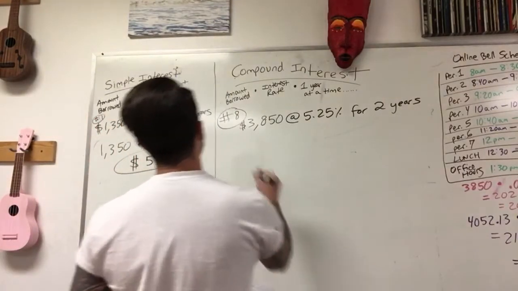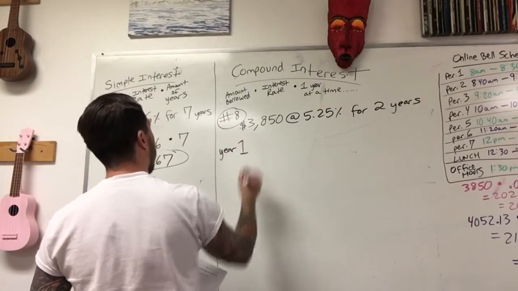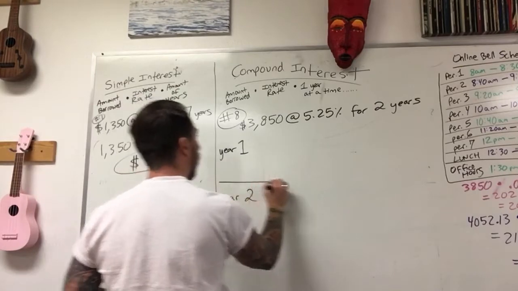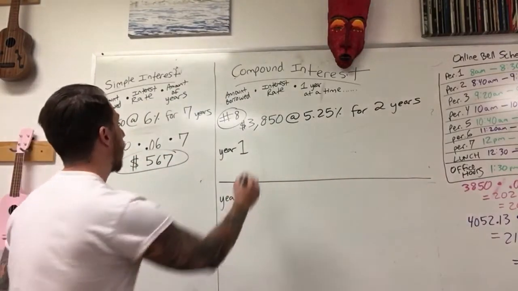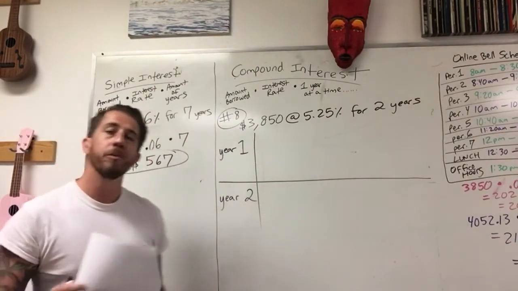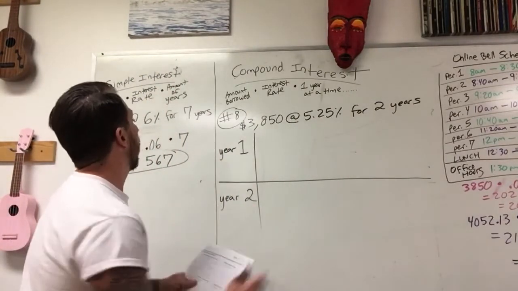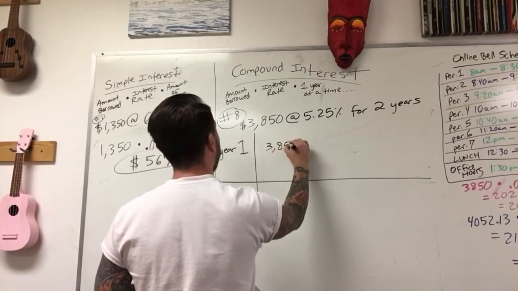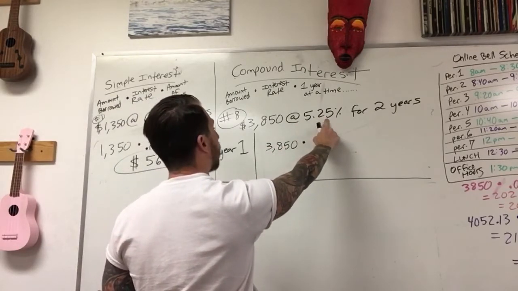To keep things organized, you're going to do year 1 and year 2, kind of like when we were doing pie graphs, when I wanted you to be systematic. For year 1, we do basically the same thing: 3,850 multiplied by our 5.25%.